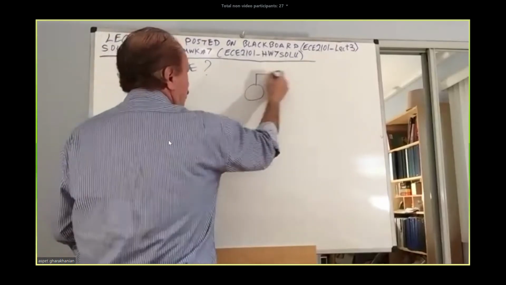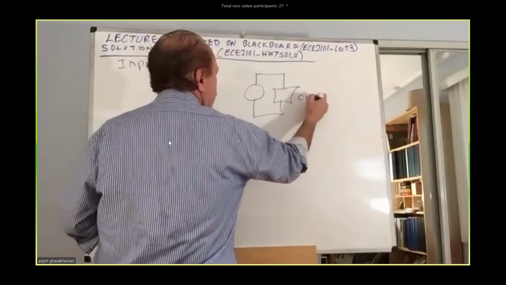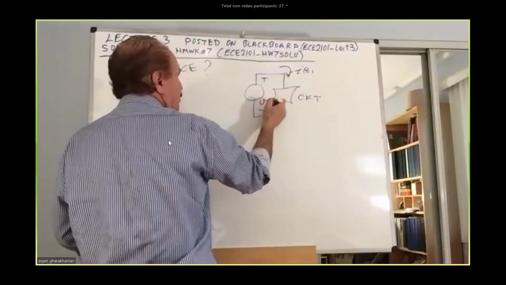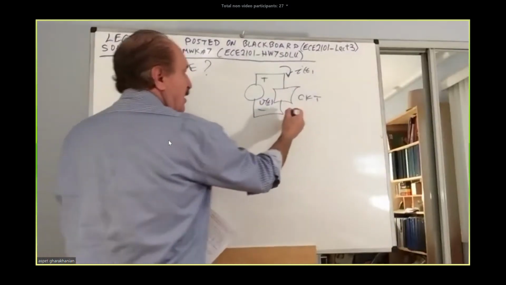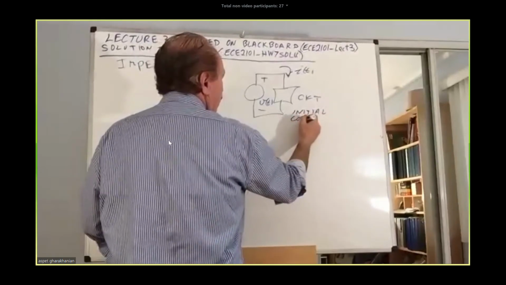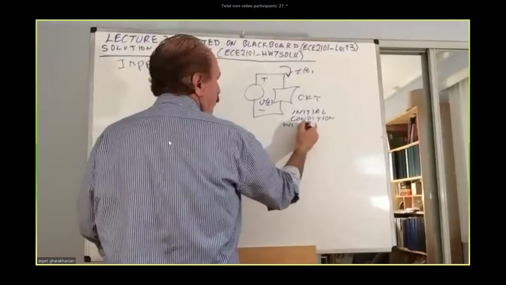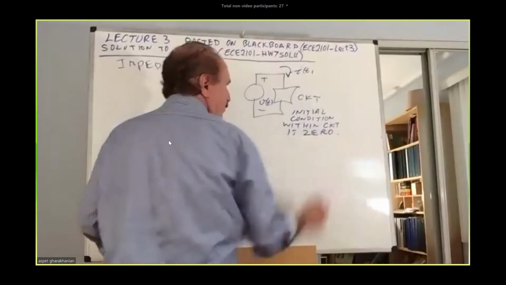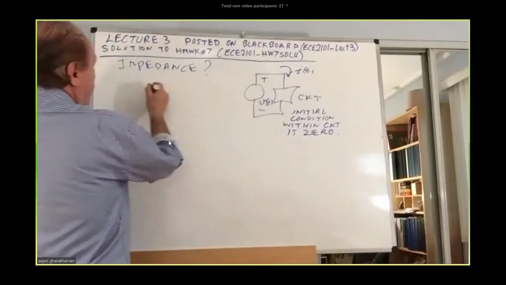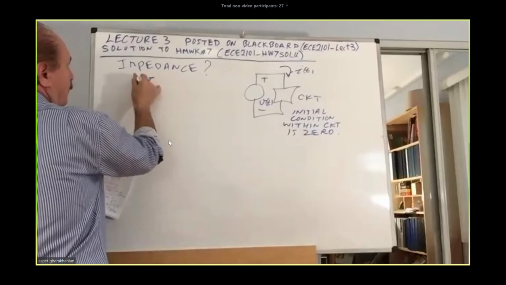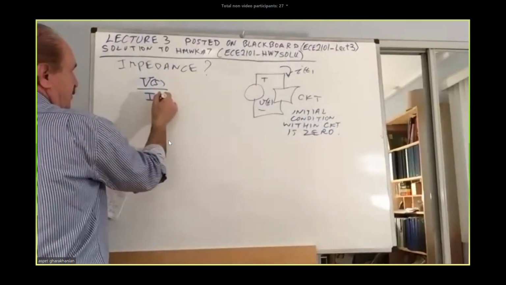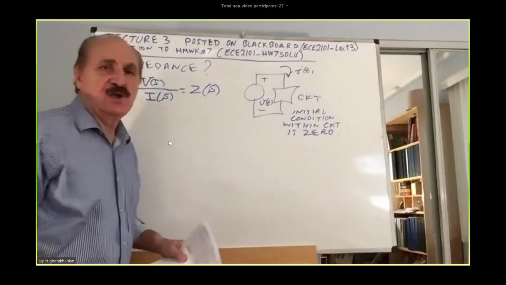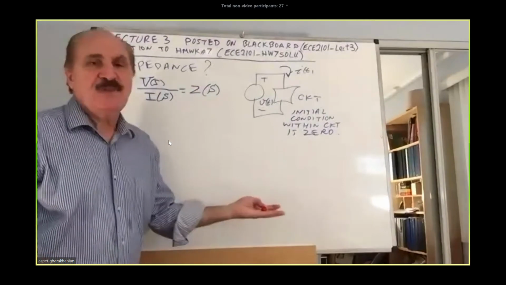If you happen to have a circuit that has a current applied to it and a voltage applied to that, provided that the initial condition within the circuit is zero, then V of S, the Laplace of the voltage, divided by the Laplace of the current waveform comes up to Z of S, becomes a function of S. Z of S is called the complex impedance of a circuit.